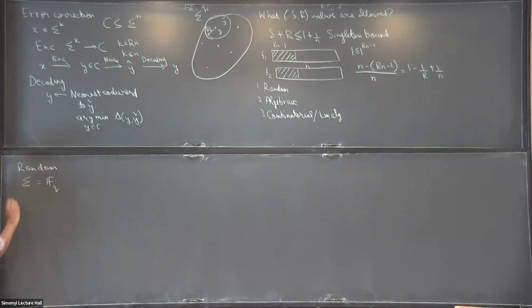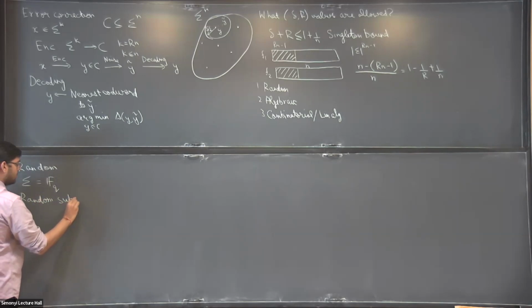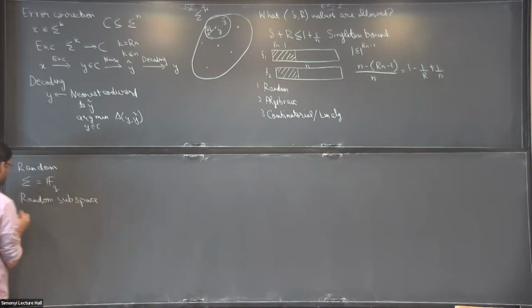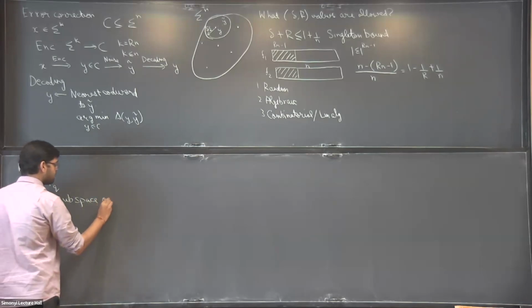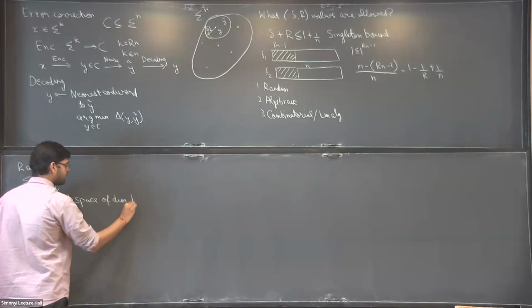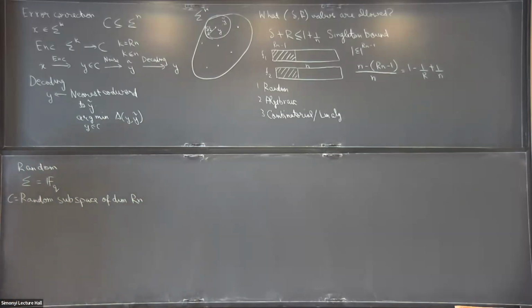There are other random constructions also. For now, let's focus on this. Then a random subspace of dimension Rn has rate R pretty much by definition, because the size of this random subspace is q to the Rn. So it has rate R. The question is, how does it do on the distance front?